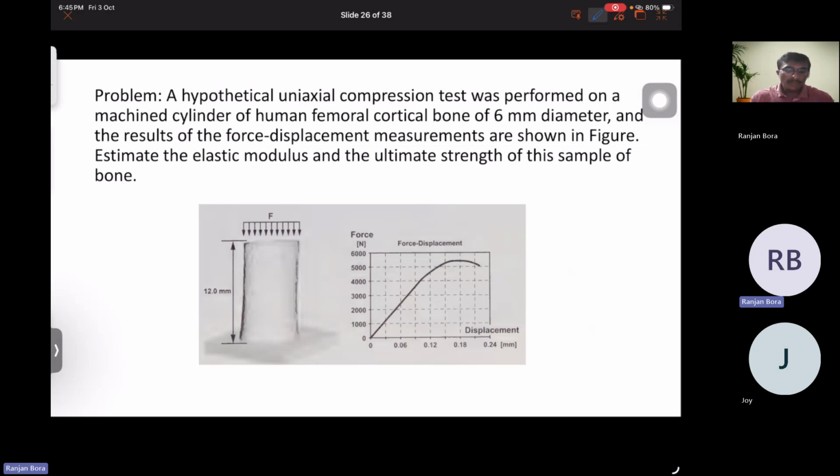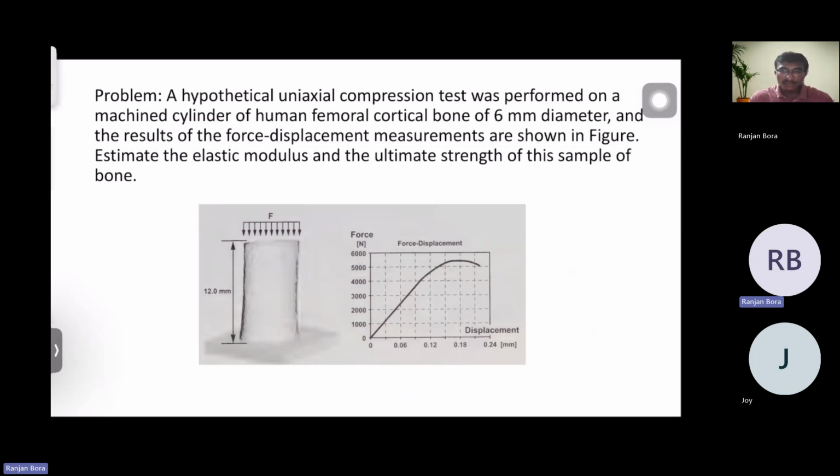In this problem, it is given that a hypothetical uniaxial compression test was performed on a machined cylinder of human femoral cortical bone of 6 mm diameter, and the results of the force displacement measurements are shown in the figure. Estimate the elastic modulus and the ultimate strength of this sample of the bone.